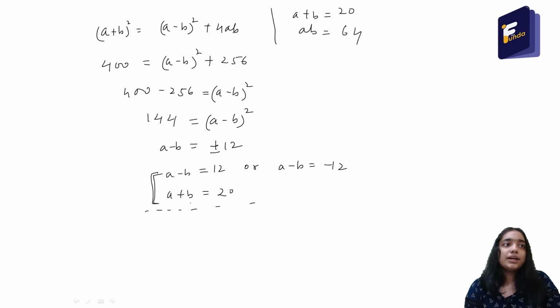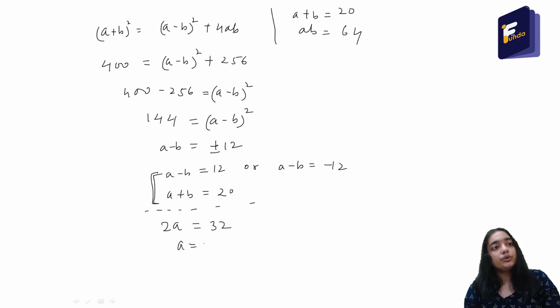So minus b and plus b will be cancelled. So 2a equal to 12 plus 20, that is equal to 32. So a will be equal to 32 by 2, that is 16. Okay. And if the value of a is 16, we will get the value of b by putting a equal to 16 here, so b will be 4.